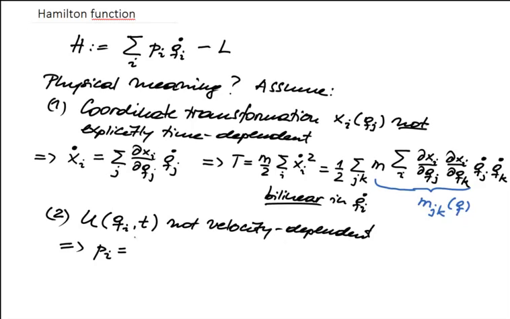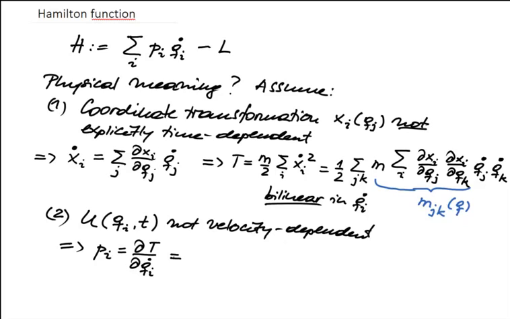So in fact, this is the partial of kinetic energy with respect to velocity, qi dot. But then we use the fact that the kinetic energy is bilinear in the velocities. So it has this structure as noted above: 1/2, then the sum over jk, some coefficient mjk, which depends only on position, and then the velocities, qj dot and qk dot.